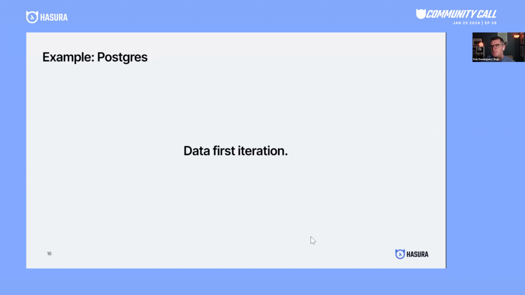Here's another example. We've already seen that it's super easy to add a new Postgres database. But what happens when you change the schema? One of the strengths of Hasura is that it is a data-first approach as opposed to an API-first approach. Even though with V3, the API is super configurable. So we're working to help developers focus on the valuable portions of modeling their domain by automating everything else.